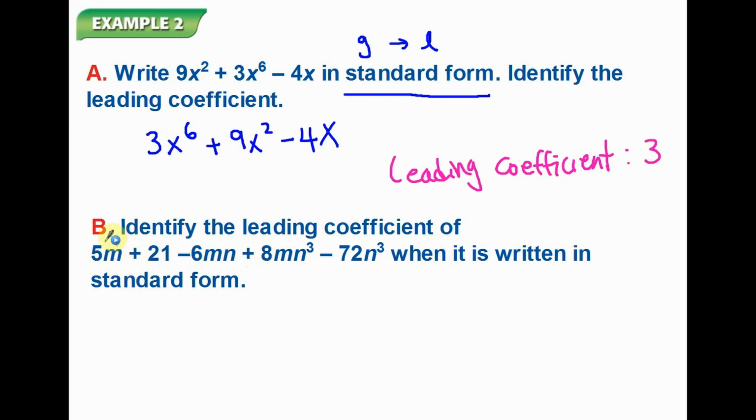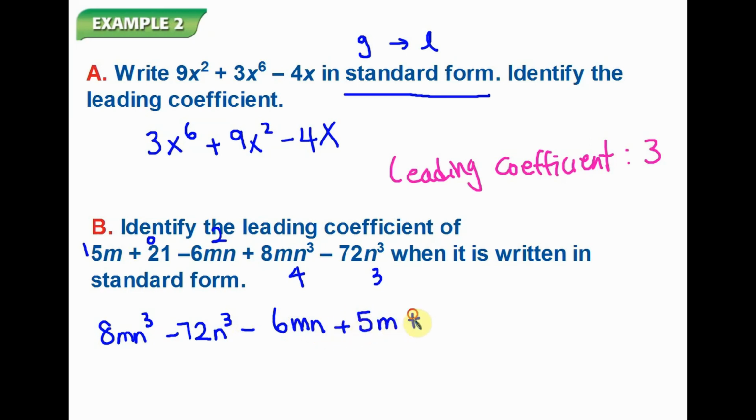Now, this 5m has a degree of 1, 21 has a degree of 0, negative 6mn has a degree of 2 because I have 1 for m and 1 for n, so the sum of those two exponents becomes 2. 8mn to the third power will have a degree of 4. The negative 72n cubed will have a degree of 3. The highest degree will be 8mn to the third power. The second one will be negative 72n cubed, minus 6mn plus 5m plus 21.